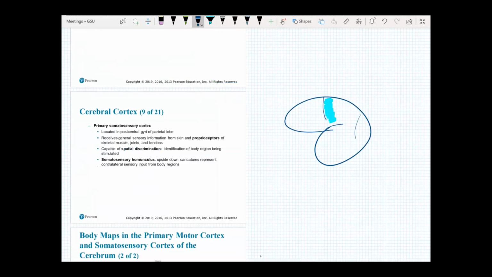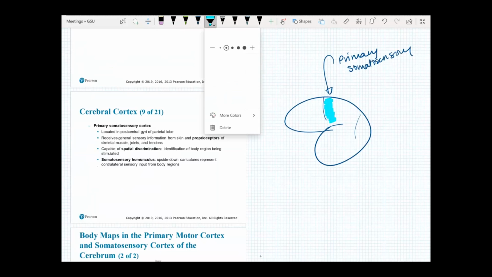So this is our primary somatosensory cortex. It is on the postcentral gyrus. So just on the other side. This is where we'll be receiving information from our proprioceptors, our sensory information, our information from our skin, our joints, our tendons. It's where we essentially are touching items. So this is where we'll have touch.